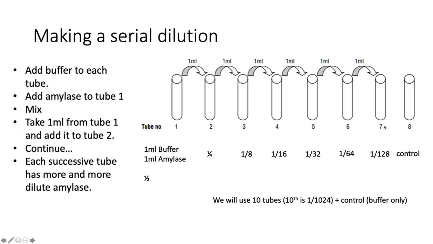I've listed the dilutions here. This graphic only goes to 7 tubes. We're actually going to go to 10 tubes and include a control that does not have any amylase at all. Then we're going to see how fast the reaction happens in each.